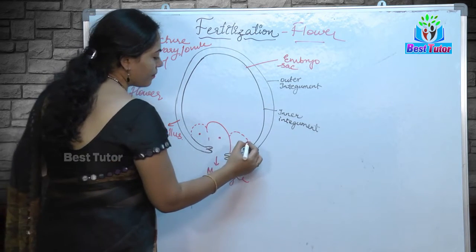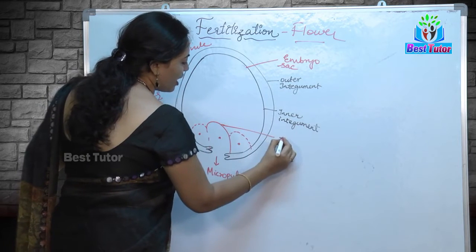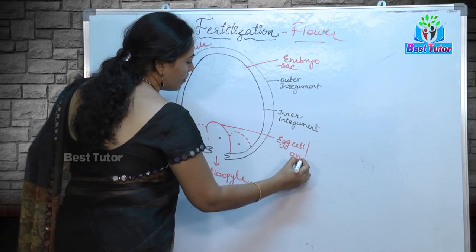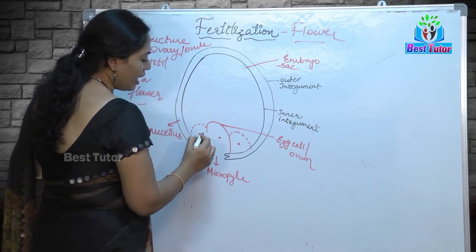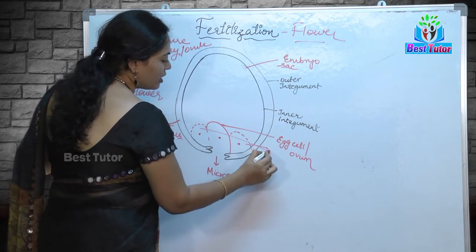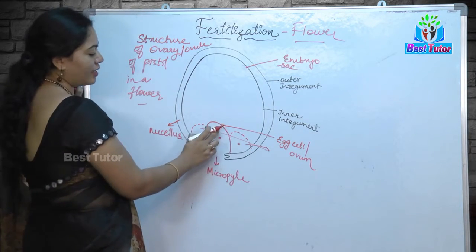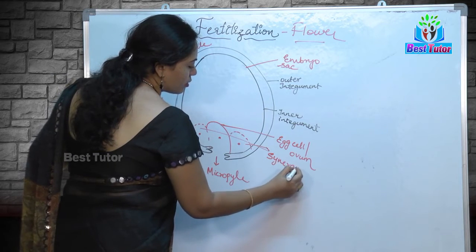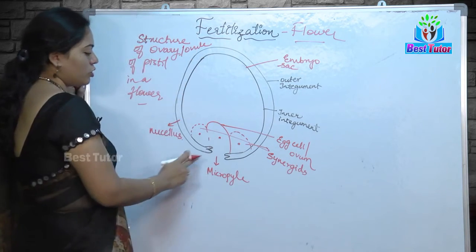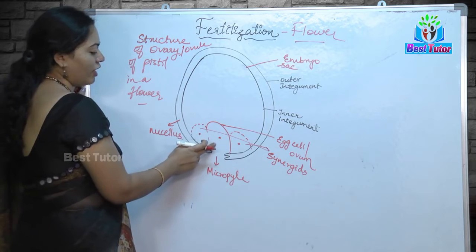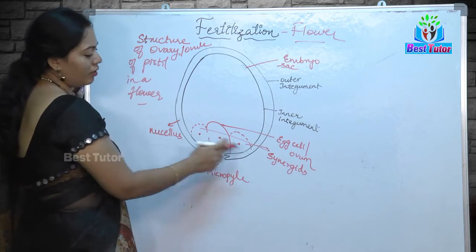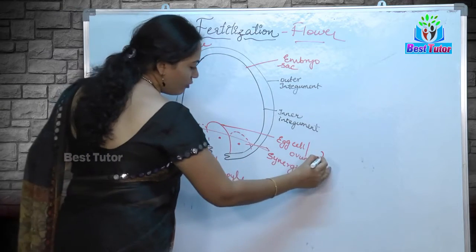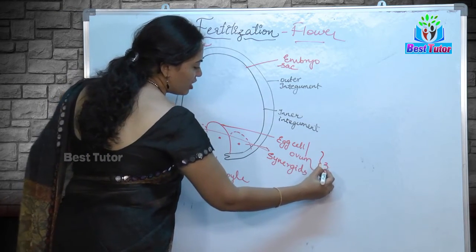One middle cell is known as the egg cell or ovum. Then we have two other cells surrounding the egg cell, known as synergids. So at the micropylar end, we have an egg cell side by side with the two synergids. How many cells are there here? Overall we have the egg cell including the synergids, 3 cells.